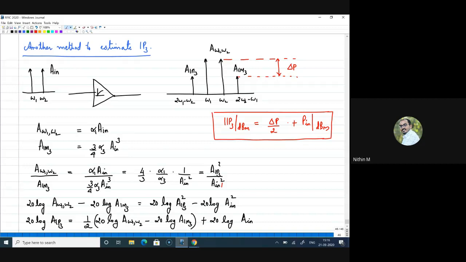If not, we'll definitely discuss this further. So consider this as another method to estimate IP3. If you know the output power level of the fundamental and the IM3 power level, then half of the difference in power plus the input power will give you an estimate of the third intercept point.